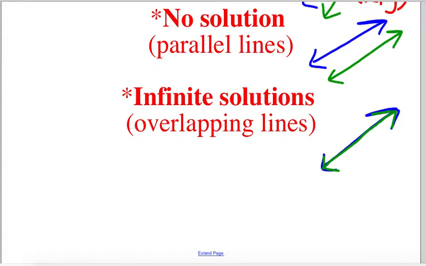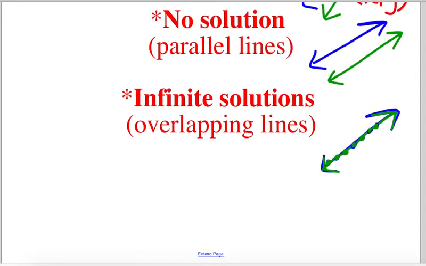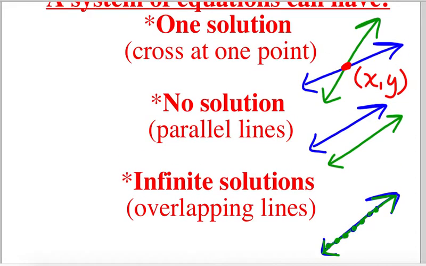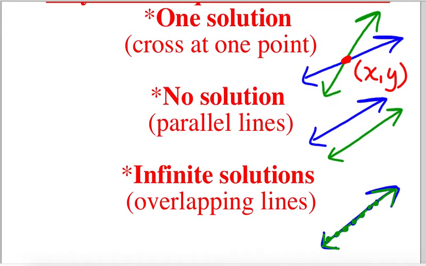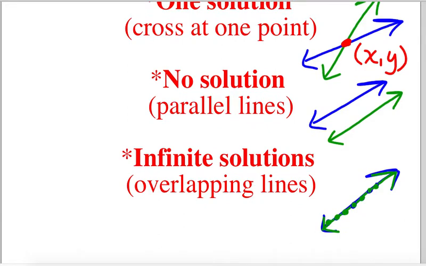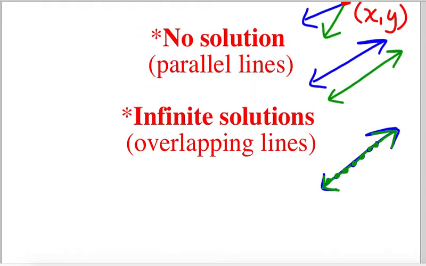That's called infinite solutions, because what you're saying is that every point on the blue line, every ordered pair for the blue line, is also an ordered pair for the green line. So every x and y value will work for both equations. So again, it's one solution, and then you name the ordered pair, or it's no solutions for parallel lines, or it's infinite solutions because it ends up being the exact same line.